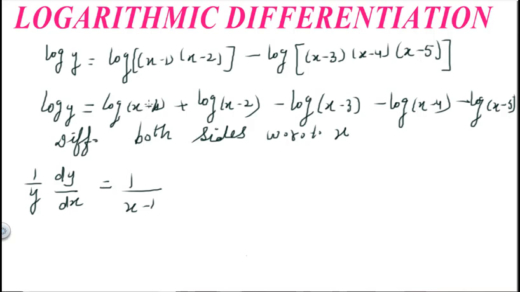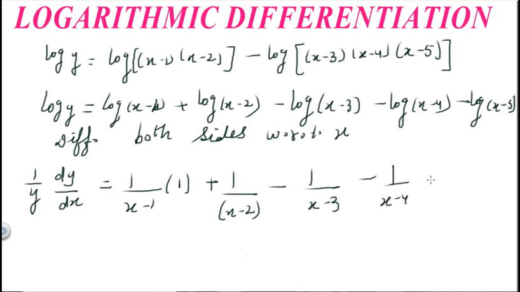And when you do for x minus 1, of x it will be 1 and of 1 it will be 0. So it will be 1 itself. Plus log of (x minus 2) will be 1 upon (x minus 2). And differentiation of x minus 2 will be 1 minus 0, which is 1 again. Minus, similarly we can write for x minus 3, for x minus 4, and for x minus 5. So this is what we are getting after differentiation.